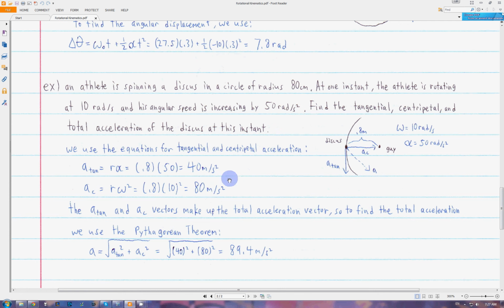And so the total acceleration is the sum of these two vectors, the centripetal and tangential acceleration. So to find the magnitude of the total acceleration, we use the Pythagorean theorem. And so we find that the total acceleration is 89.4 meters per second squared. And it points somewhere in between the two component vectors, not towards the center of the circle.